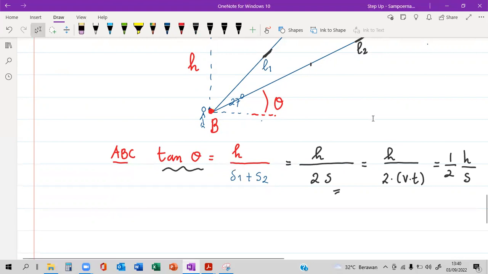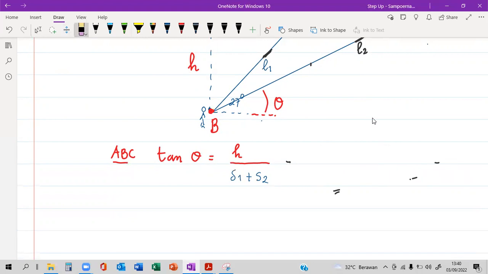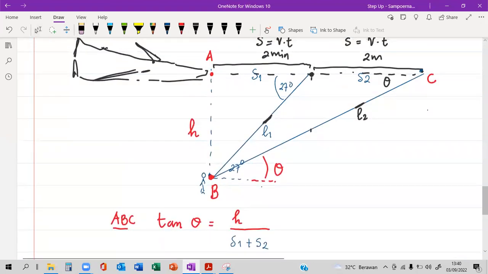Sir, how did you get 1/2 times height over speed? Let me repeat again. Tangent theta is the height divided by the whole distance, and the whole distance is S1 plus S2.